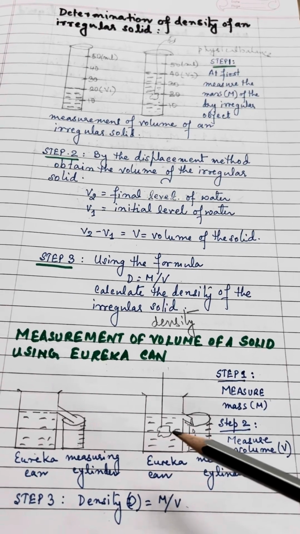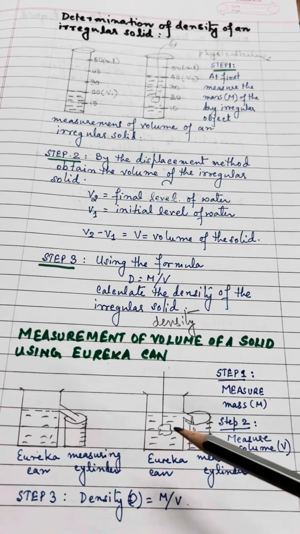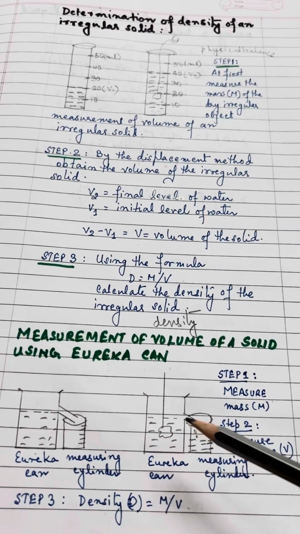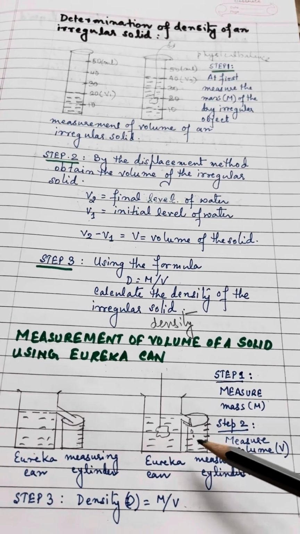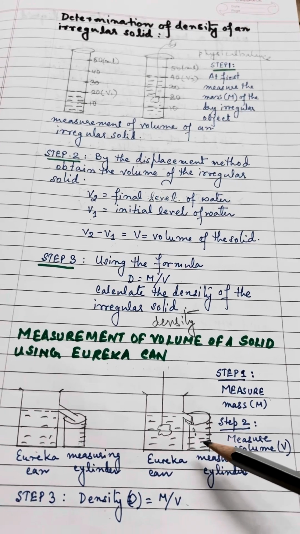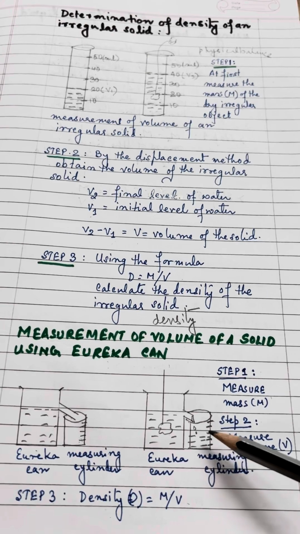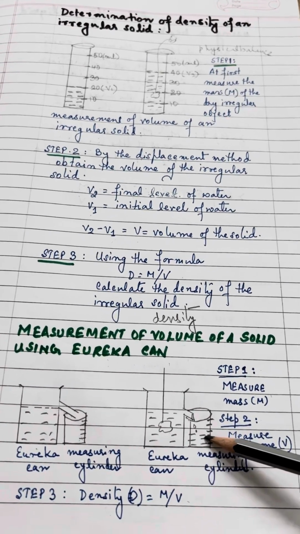It will now displace water which is equal to its own volume. Therefore, that volume of water comes out through the spout and gets collected over here in the measuring cylinder, and because of the graduations, we can measure the volume of liquid that has been collected here.